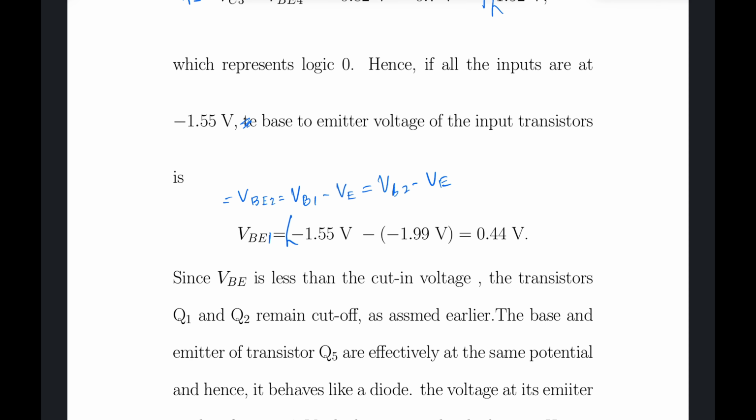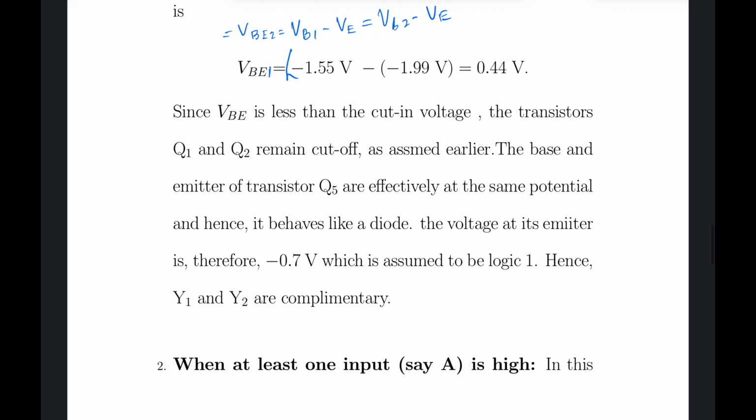This is equal to minus 1.55 volt minus (minus 1.99 volt). So this is plus 0.44 volt. Since the base emitter voltage is less than the cut-in voltage, the transistors Q1 and Q2 remain cut off as we have assumed earlier. We have also shown you that transistor Q3 actually conducts.